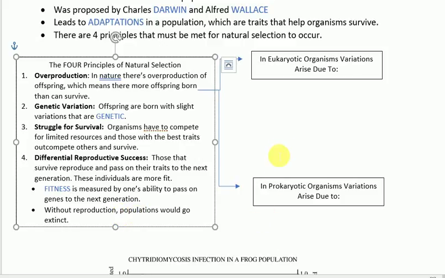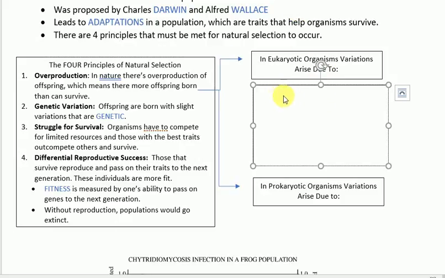So, in eukaryotic organisms, variations are going to arise due to crossing over, random fertilization, independent assortment, and mutations.